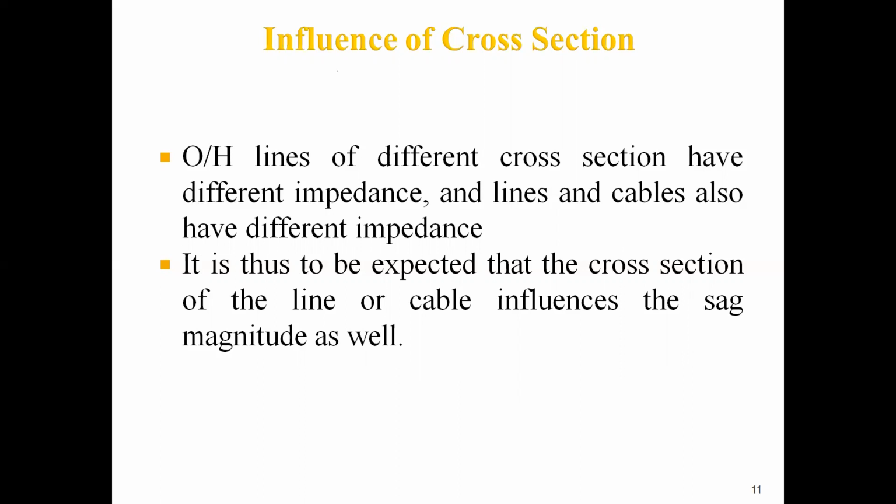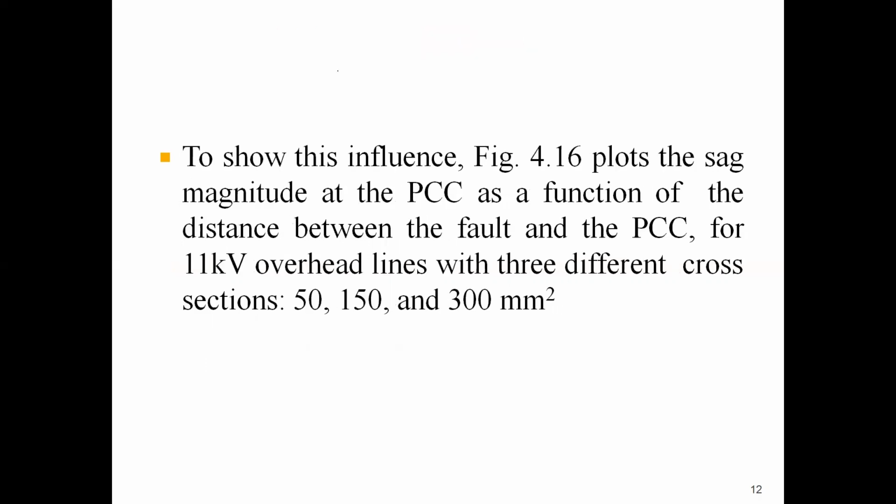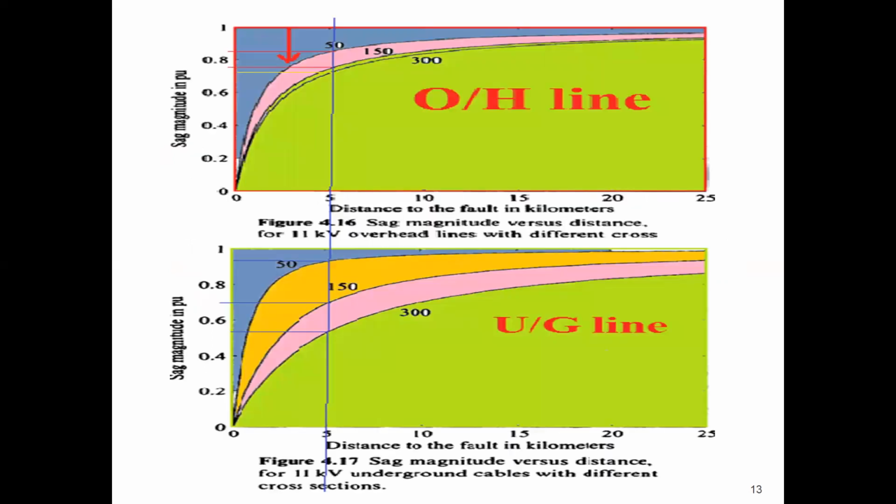It is thus to be expected that the cross section of the line or cable influences the sag magnitude as well. I'll show you another case study comparing overhead transmission lines and cables, which you can easily understand. This upper plot is for the overhead transmission line.